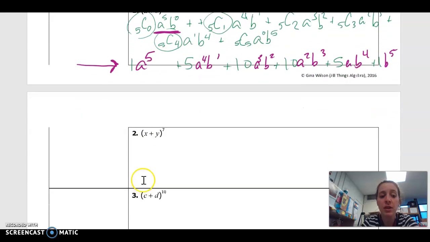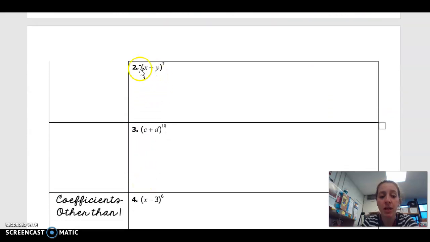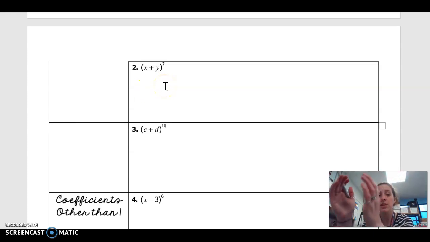Okay, so here are a couple more. I want to walk through this one as well. So again, I would have x plus y times x plus y times x plus y, 7 times, and I could multiply those all out. That would take quite a while, so I really don't want to do that. Using Pascal's triangle, I would be looking at row 7, which we don't have up above, but we could expand our Pascal's triangle a little bit.